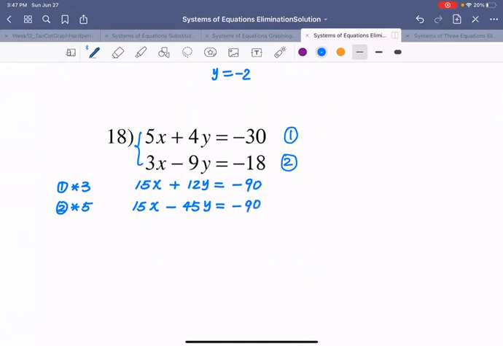Good. So then you subtract one from the other. So that would be 0, and then we can write down in 2 steps to avoid the careless mistake, okay?